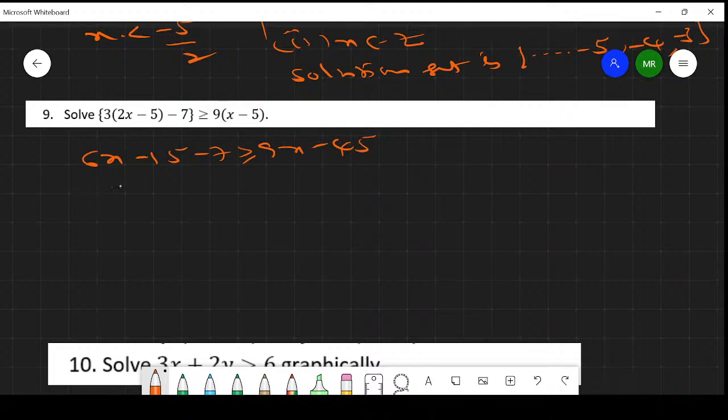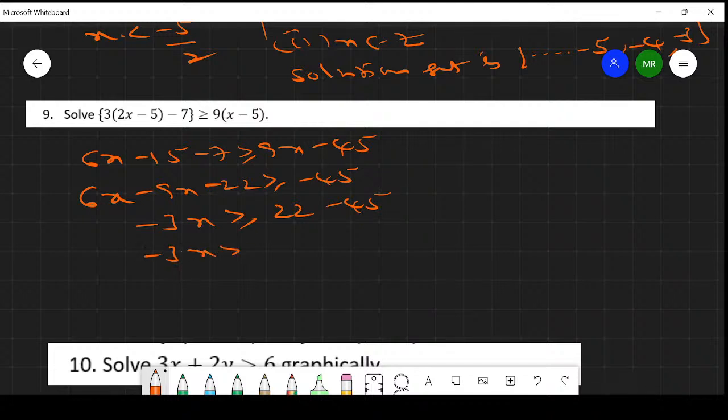Now 6x minus 9x is minus 3x greater than or equal to minus 45 plus 22, it comes minus 23.